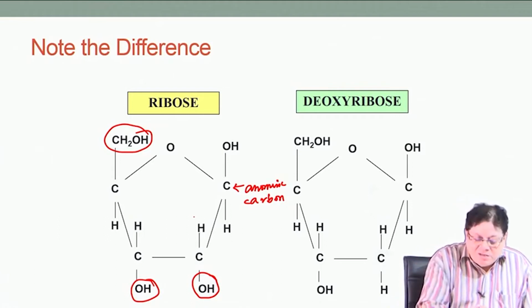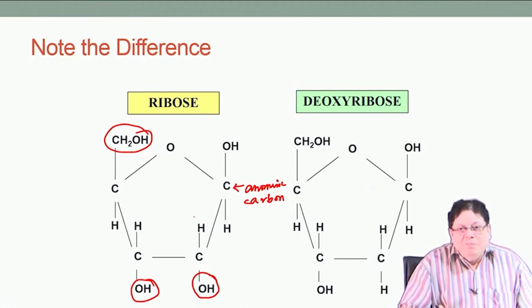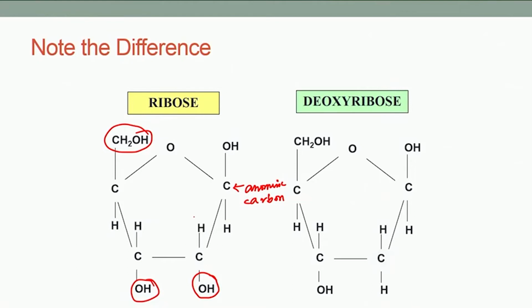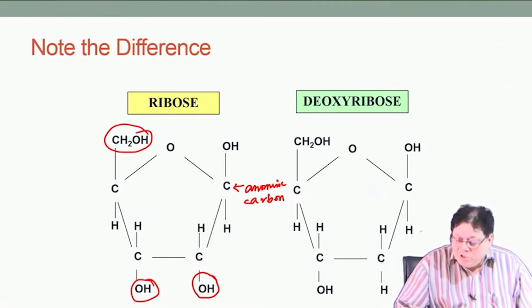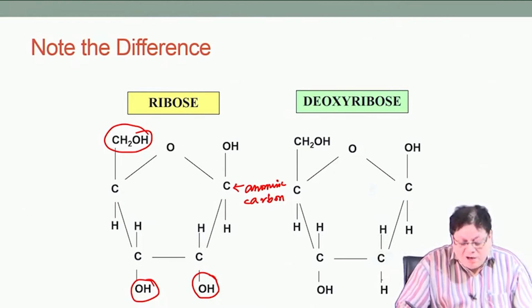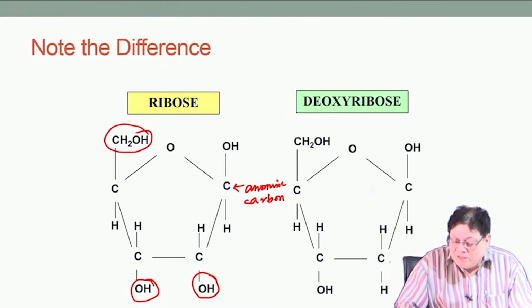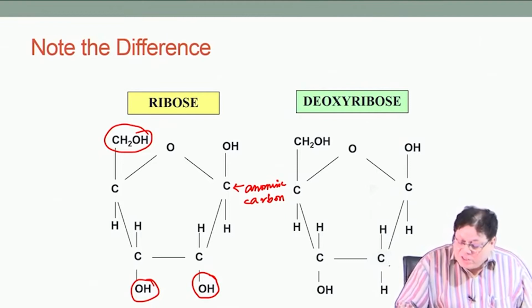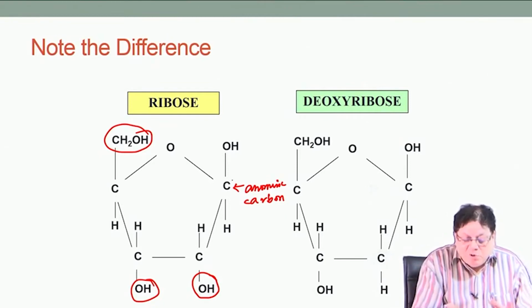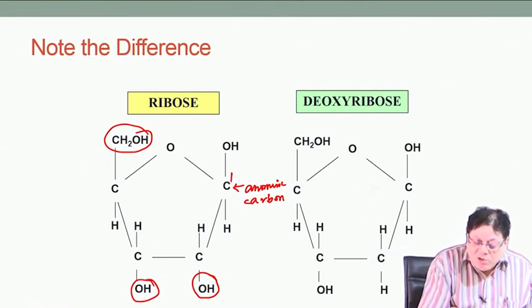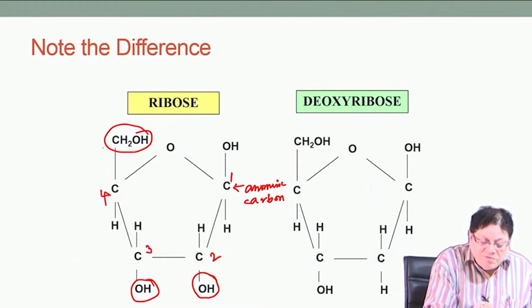So, nature uses this sugar to make the backbone of the nucleic acids, and deoxyribose is the one which will lack one hydroxy group, and it is found that this 2 hydroxy group is missing. If you number the ribose separately, then this will be your 1, that will be your 2, that will be your 3, 4 and 5.